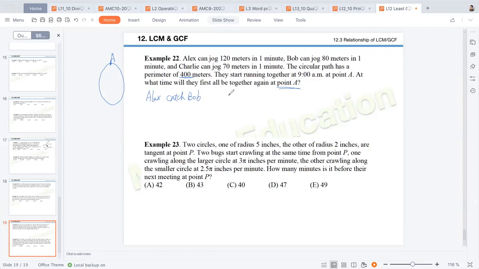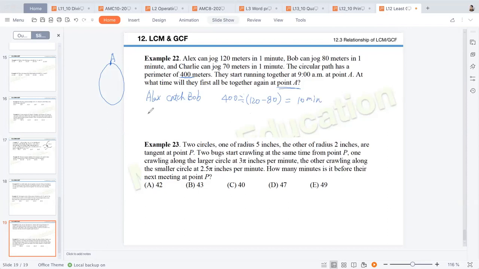A catches B. This should equal 400, because one circle is 400, right? Divided by 102 minus 80. Okay, so that means 10 minutes.